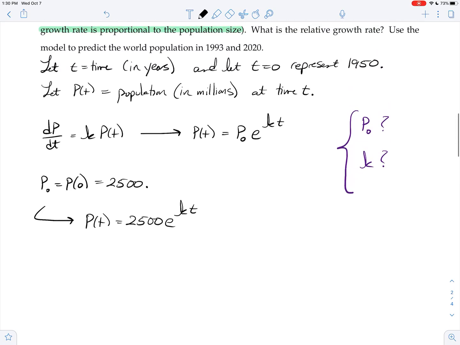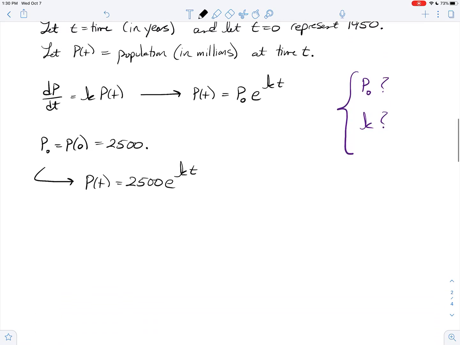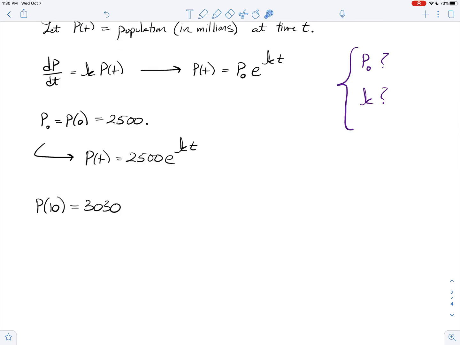To do that, I want to use the other data point. I also know that the population in 1960, which corresponds to P of 10, we're assuming is 3030 million. I can view this two ways. On the one hand, I just know that P of 10 is 3030.